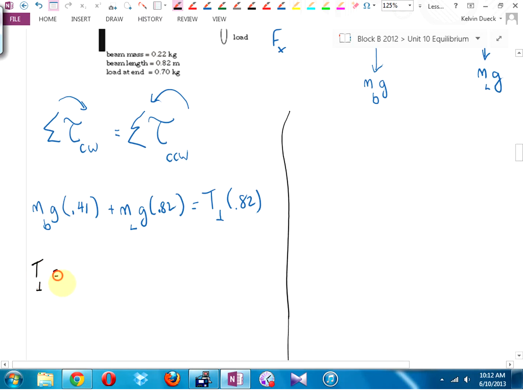Tension perpendicular equals mass of the beam times 9.8 times 0.41 plus mass of the load times 9.8 times 0.82, all divided by 0.82.